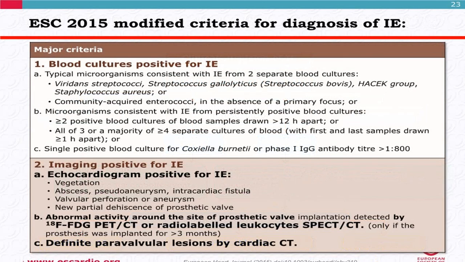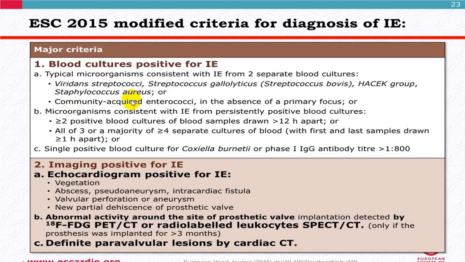Now, according to ESC guidelines, there were major criteria and minor criteria. In major criteria, it was blood culture positive for infective endocarditis, where you detect typical microorganisms on two separate blood cultures. The most common microorganisms were Streptococci viridans and Staphylococci aureus. These two were the most common organisms. And there was a second group called the HACEK group.